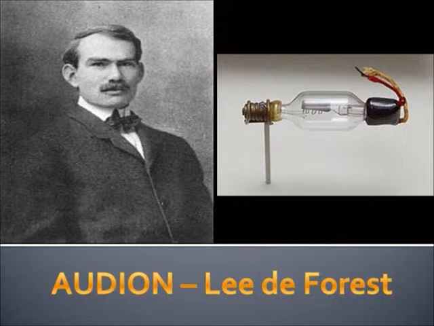A small amount of power applied to the grid could control a larger current from the filament to the plate, allowing the Audion both to detect radio signals, that is, make them audible, and to provide amplification. However, the De Forest Audion is quite distinct from the true vacuum triode, in that it is not capable of linear amplification.